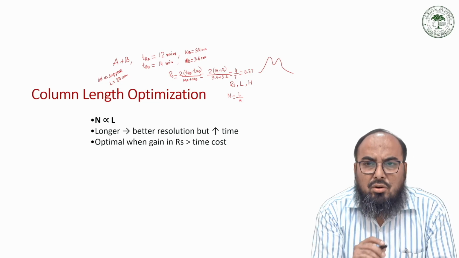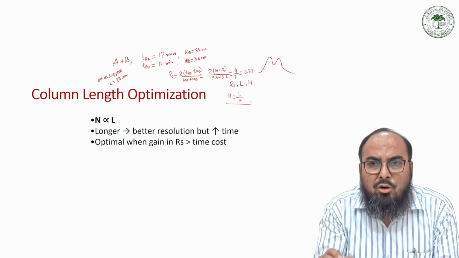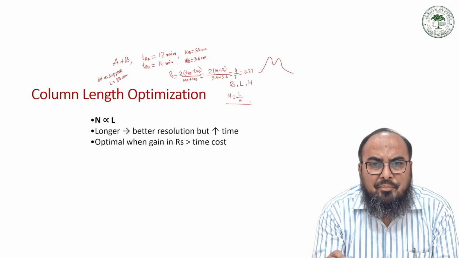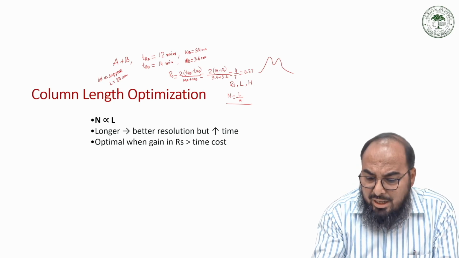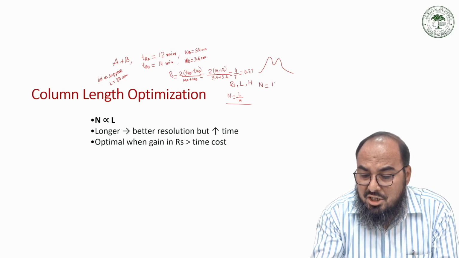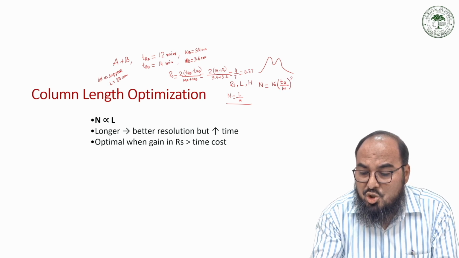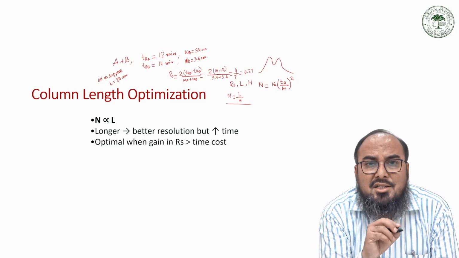So we have the formula N is equal to L upon H. Let us calculate the number of theoretical plates first, and then the height equivalent to theoretical plate. For calculating the number of theoretical plates, we have the formula 16 TR upon W square.